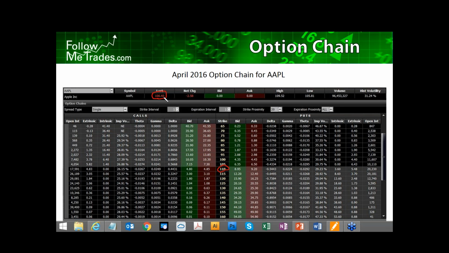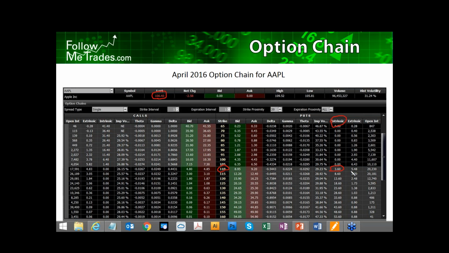That contract has positive value. I talked before about intrinsic and extrinsic value. This contract has an intrinsic value of exactly the difference between the strike price and the closing price. Closing price 106.40, strike price 110. The intrinsic value is $3.60. This contract is absolutely worth $3.60 per share because that's the difference between the strike price and the closing price.